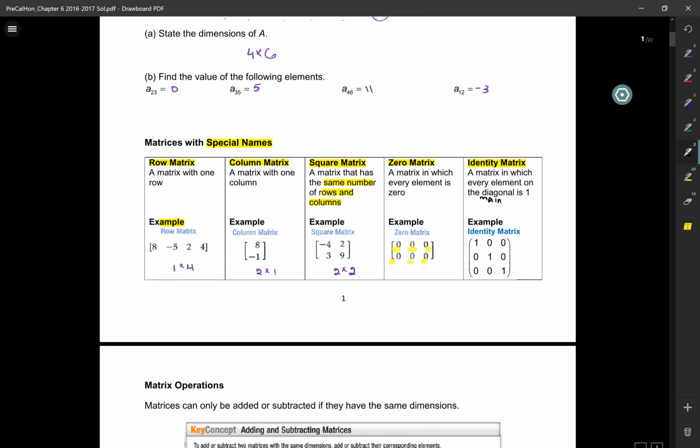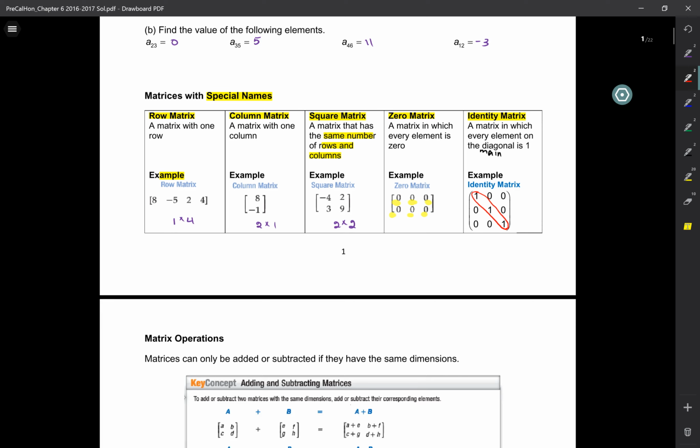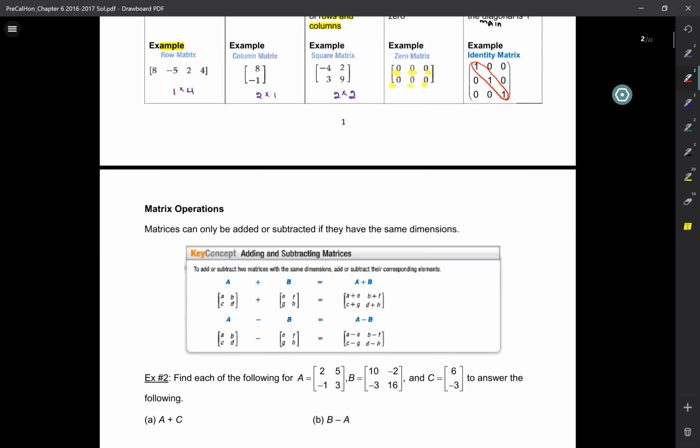If you start with row 1, column 1, this, and you go down the square matrix, that is the main diagonal. So an identity matrix is a matrix in which every element in the main diagonal is 1 and everything else is a 0. This is the identity matrix. It has got huge implications and uses, as you will see later on in the chapter.